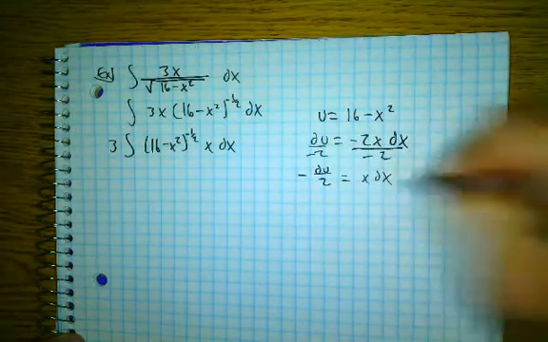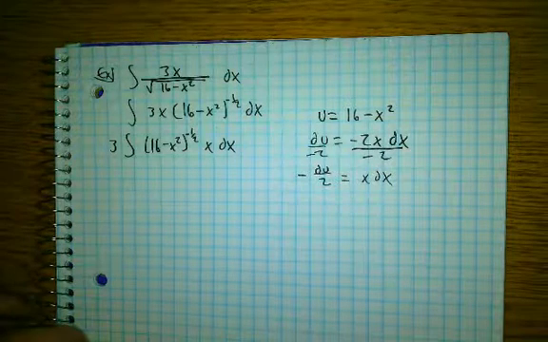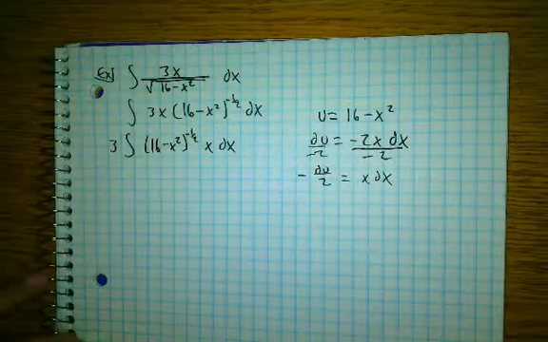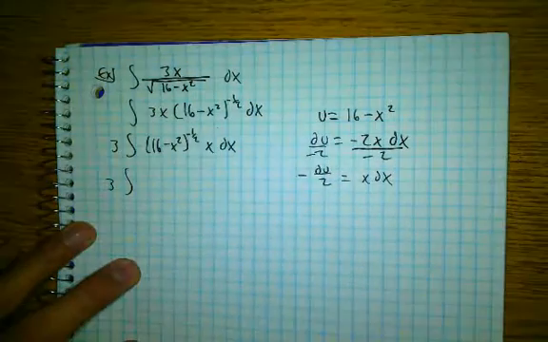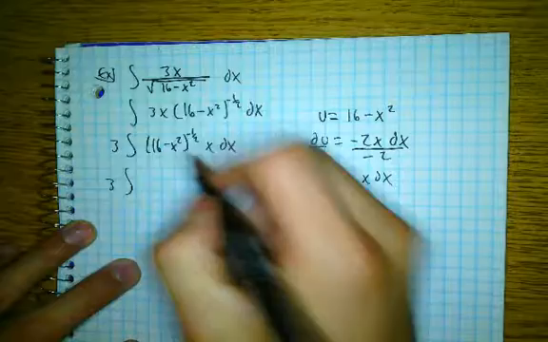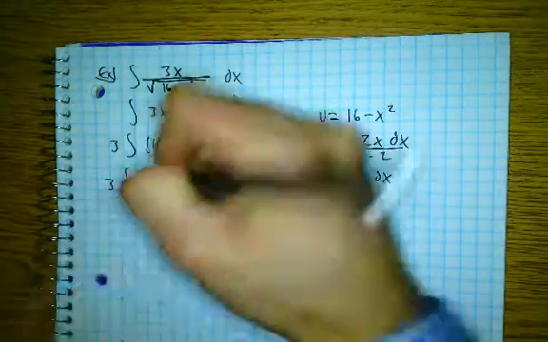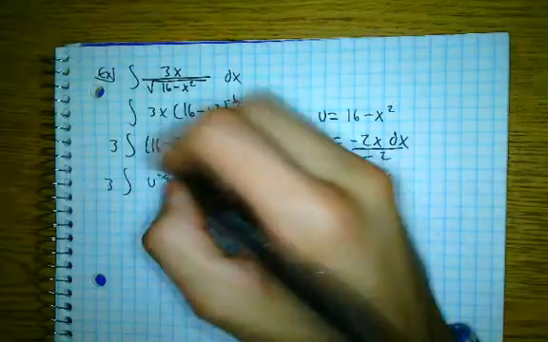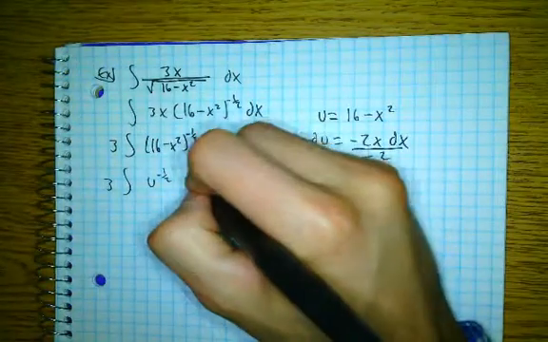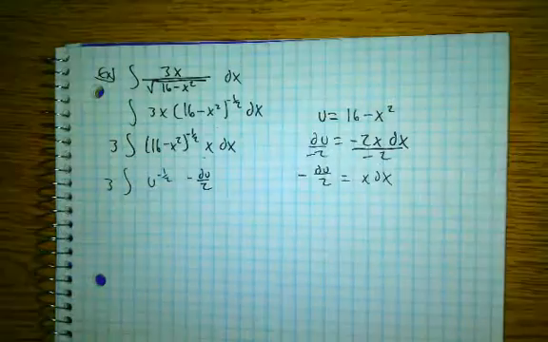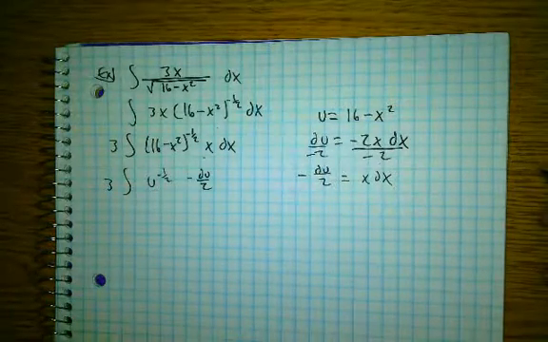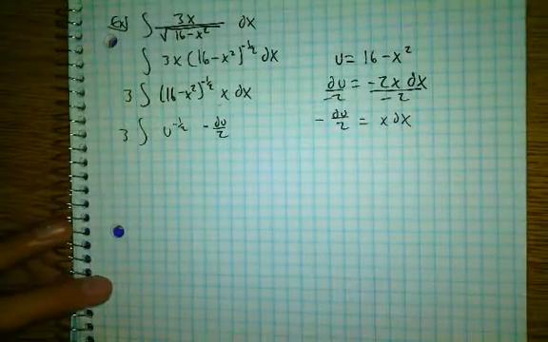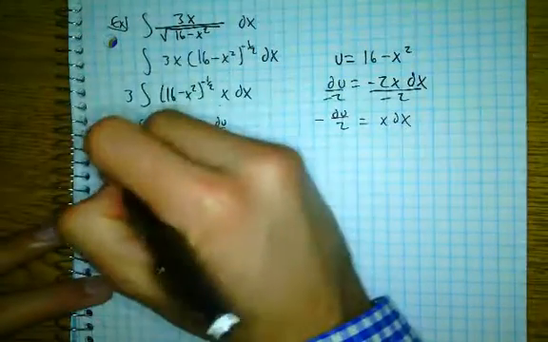Do I have enough to make a substitution now? We sure do. So now we have 3 times the antiderivative of u to the negative 1/2. x dx is negative du over 2, right? And before you go further, I suggest that you take out that constant once again. So then this becomes 3 times negative 1/2, right? Antiderivative of u to the negative 1/2 du.